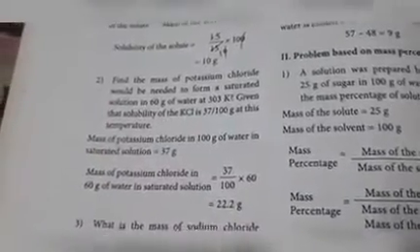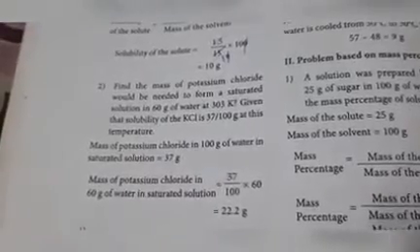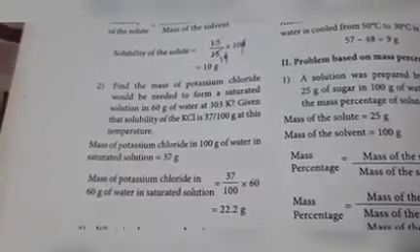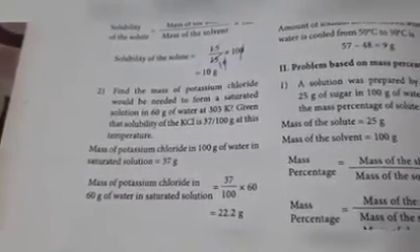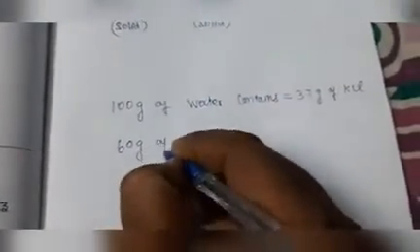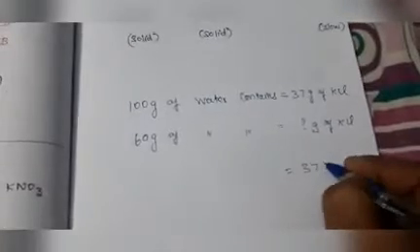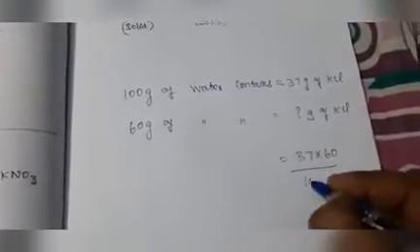In our problem they are asking the mass of potassium chloride needed to form a saturated solution in 60 grams of water. So 100 grams of water contains 37 grams of KCl means 60 grams of water contains how many grams of KCl? 37 into 60 divided by 100.